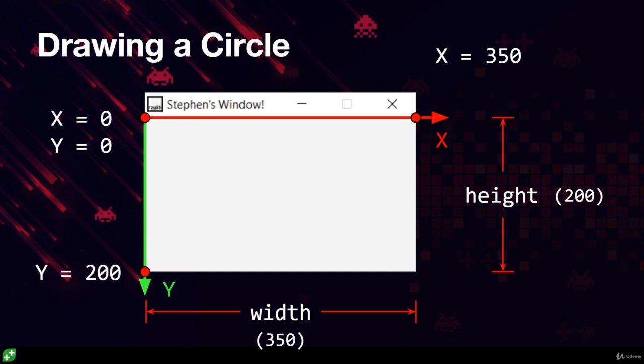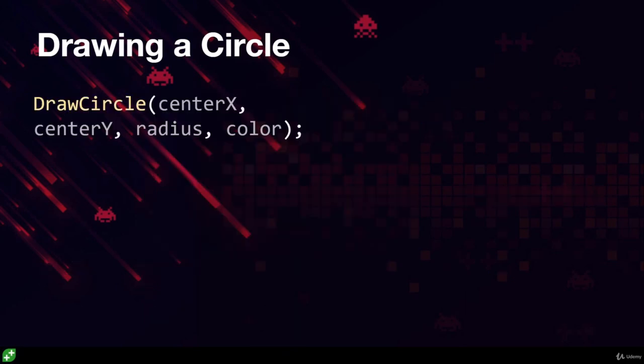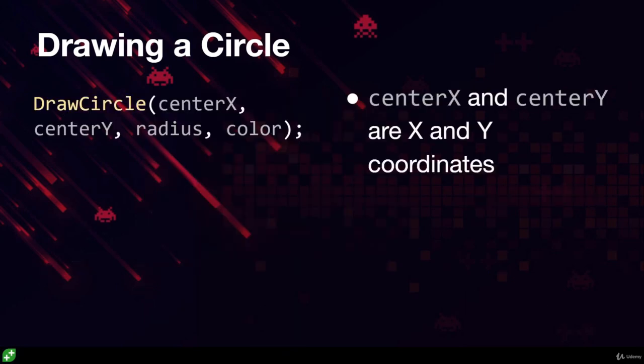We can represent xy coordinates like this. Each of the red dots at the four corners of the canvas has its own xy coordinates, represented by an ordered pair, first the x, then the y coordinate. Well, drawCircle takes x and y coordinates for its center x and center y parameters in pixels, so we can choose where the circle gets placed on the canvas.